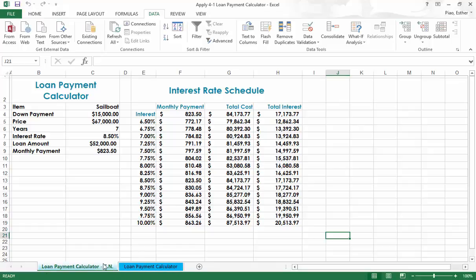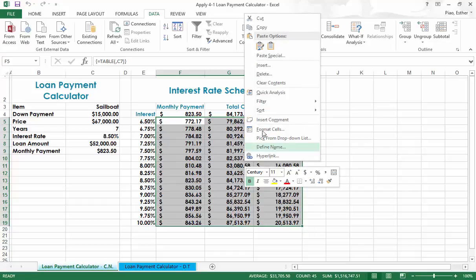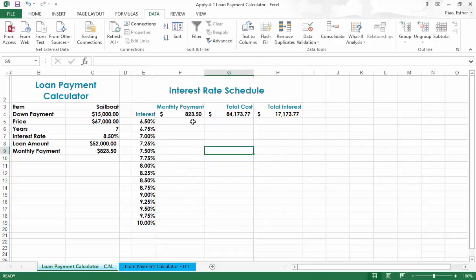And I'm going to rename it, double click, rename it to data table. Okay, so I'm going to work from here. And I'm going to remove all these. You need to clear the contents here.